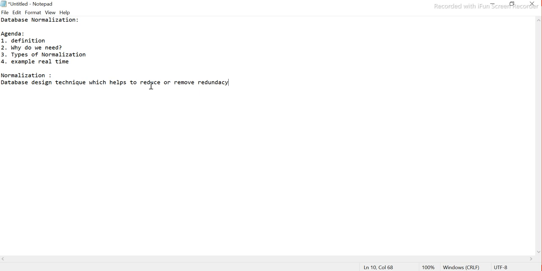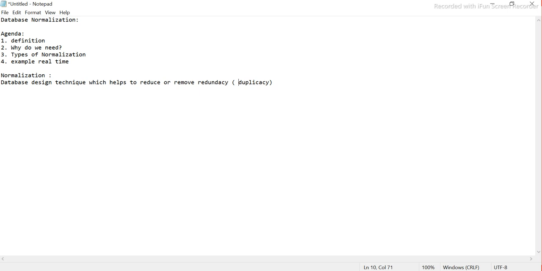So this will help you ensure that there is no redundancy. Redundancy, when I say it, it's like duplication, right? When you apply these rules, it will help to remove any sort of duplication of the data. So this is as simple as that.